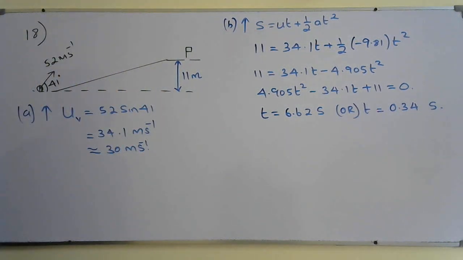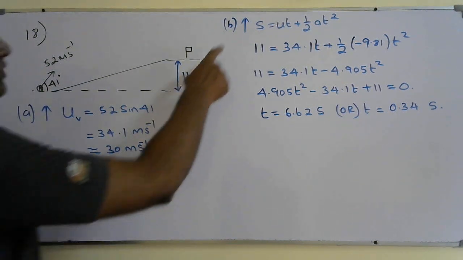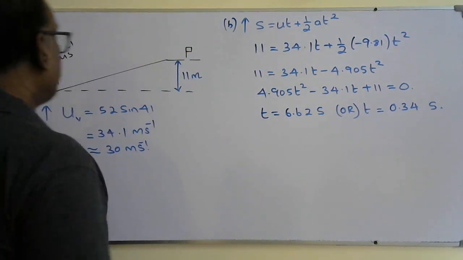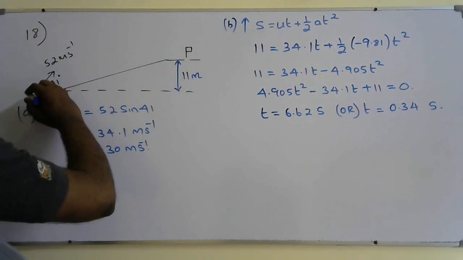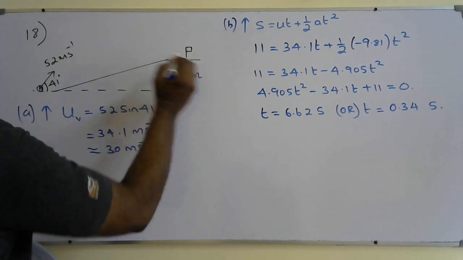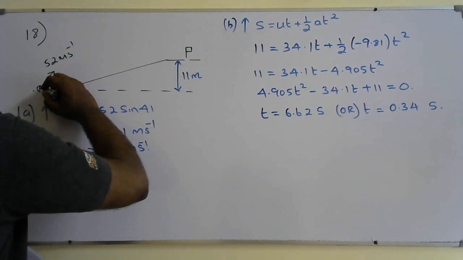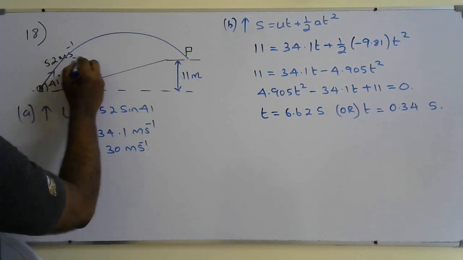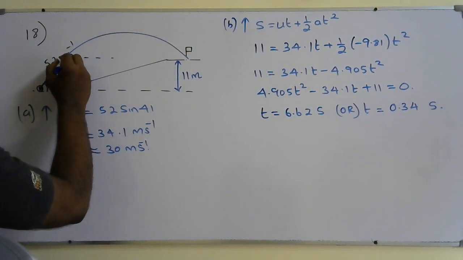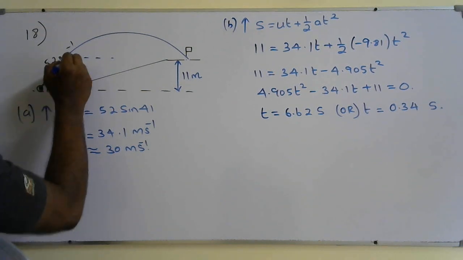Which one is the time taken to reach the hole? We took the vertical displacement as 11 meters. If I draw the path of the ball, it would have gone something like this. So here at 11 meters, and on the way it also passes a point at 11 meters.